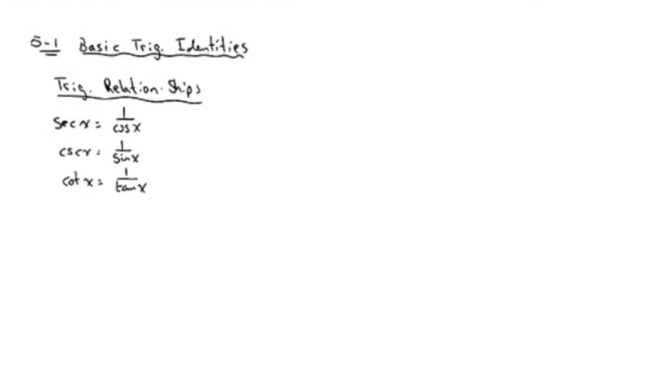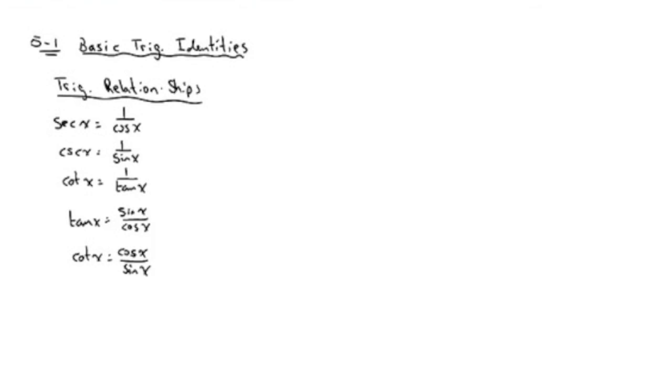And then there's two others you need to know off the top of your head. Tangent of x is equal to sine of x over cosine of x. Why? Because tangent in the original unit circle was y over x, y was sine, x was cosine. So tangent becomes sine over cosine. And cotangent, therefore, must be its reciprocal, so it would be cosine of x over sine of x.